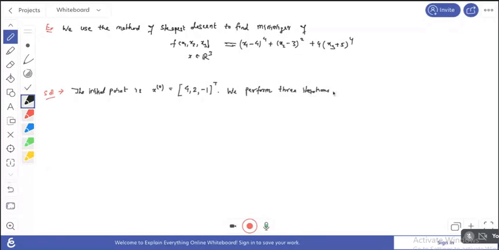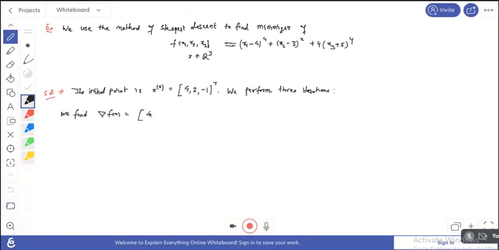Okay, so if we take 3 iterations, first of all we find the gradient of your given function, that is f(x). This means we have to differentiate this function partially with respect to x1, with respect to x2, and with respect to x3.